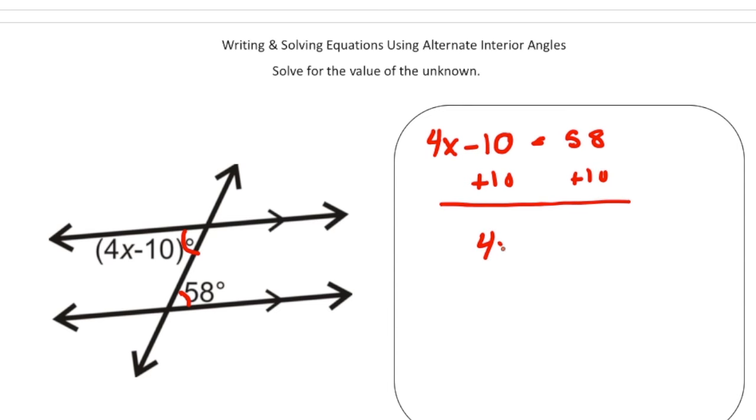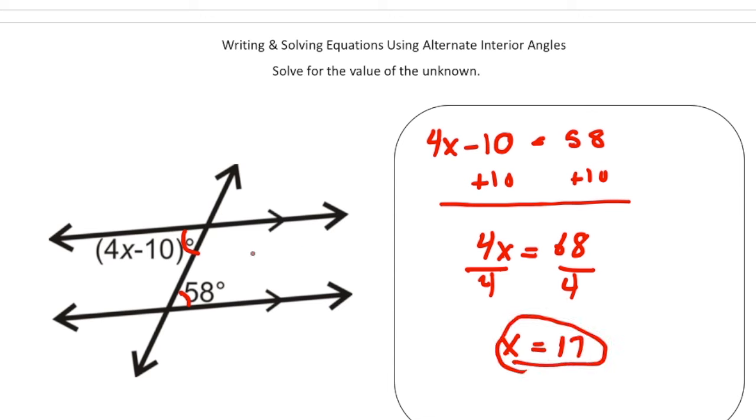So we get 4x equals 68, and then divide both sides by 4, and 68 divided by 4 gives you 17. Again, the 4x minus 10 and the 58 degrees are alternate interior angles, and they're equal. That's why we wrote the equation 4x minus 10 equals 58.